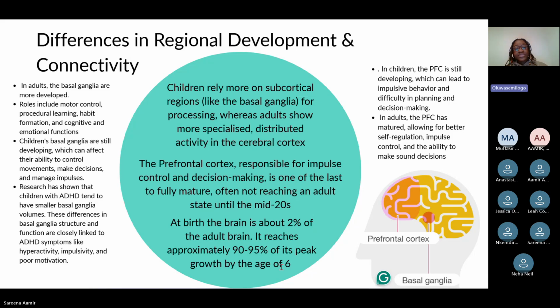The prefrontal cortex is responsible for impulse control and decision making, and it is one of the last parts of the brain to fully mature, taking until the mid-20s. At birth, the brain is about 2% of the adult brain, and it reaches approximately 90 to 95% of its peak growth by the age of 6.